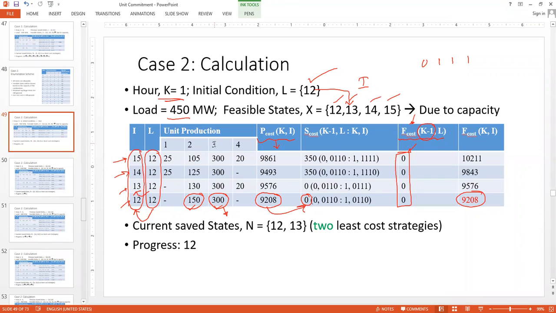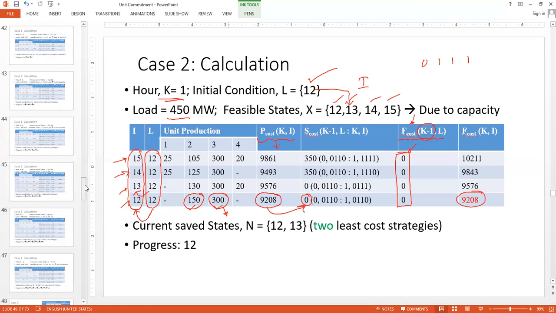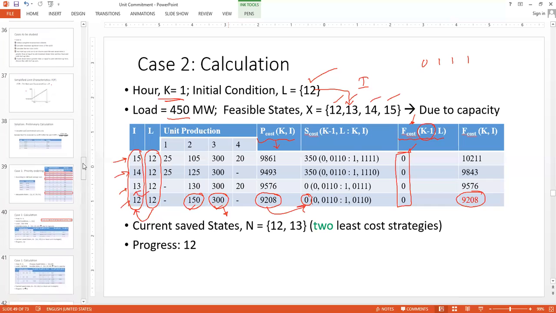Again, we start with the lowest cost unit, and that is unit number 3. We take the maximum out of it, 300. The remaining is 150, so we have to run unit number 4, because it is the highest cost among these 3 units. So we'll pick the minimum out of it. Now we have to go to the unit number 4 data.